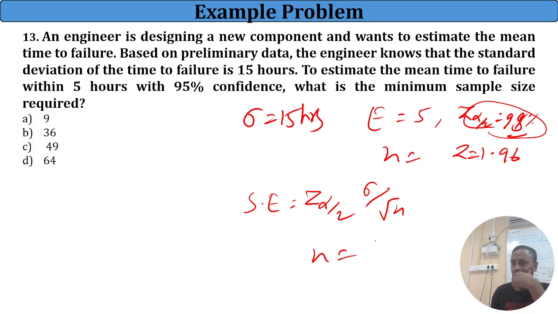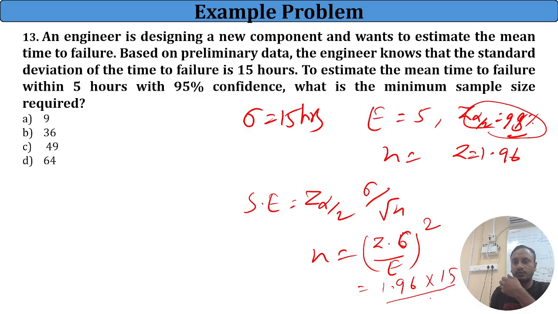So if we calculate n as Z times sigma upon E, to the power whole square, 1.96 into sigma, which is 15, upon 5, to the whole square. How much will it come? Sir, 34.5. 34.5, so closer to 36. Is it correct? Yes, sir.